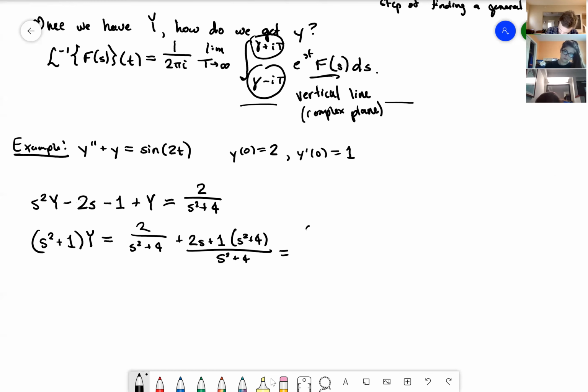So that's 2 plus 2s cubed plus s squared plus 8s plus 4, all over s squared plus 4. And really all the collecting of like terms that I can do is adding this 2 to this 4. That's 6.